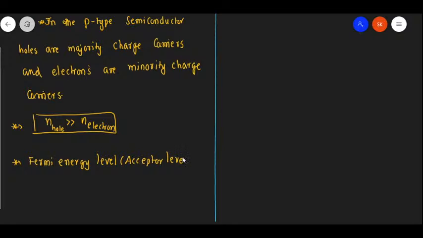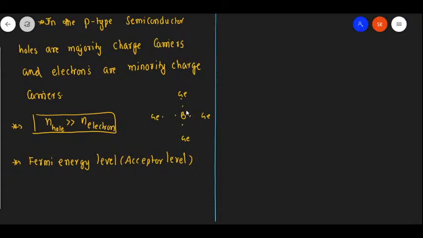Because every boron atom is ready to acquire one electron. Is it right? Boron atom has only 3 valency electrons, but germanium requires 4.